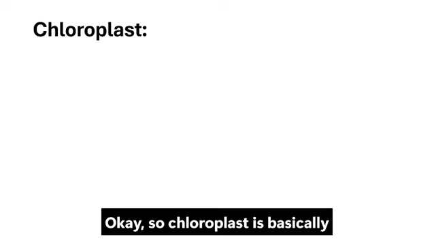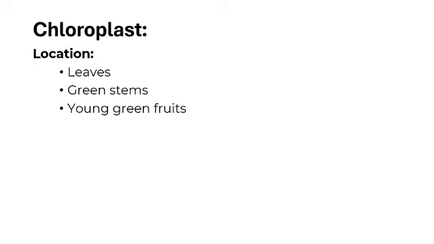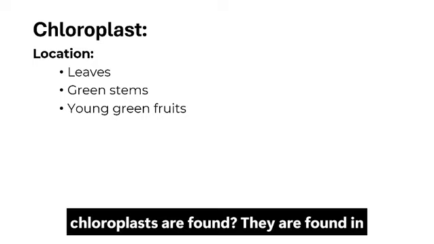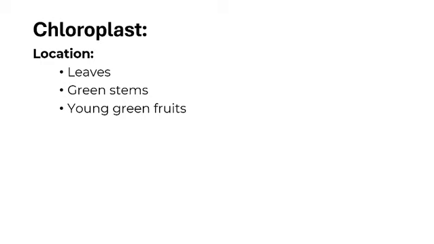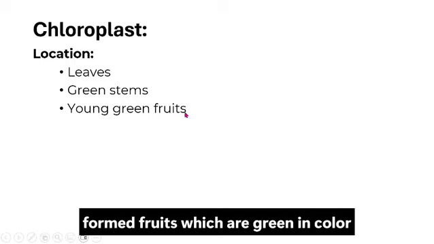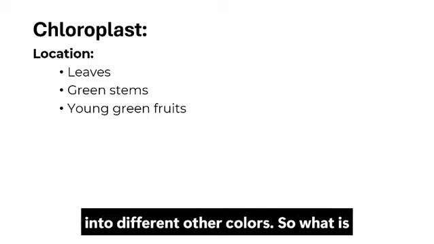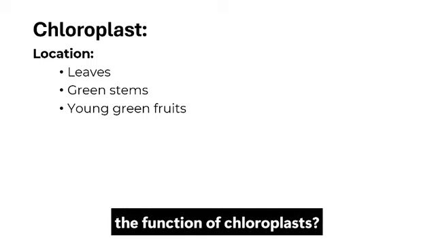Chloroplast is basically a green pigmented plastid, and chloroplasts are found in leaves, green stems, and young green fruits. Basically they are newly formed fruits which are green in color, and when they ripen they turn into different colors. So what is the function of chloroplast?